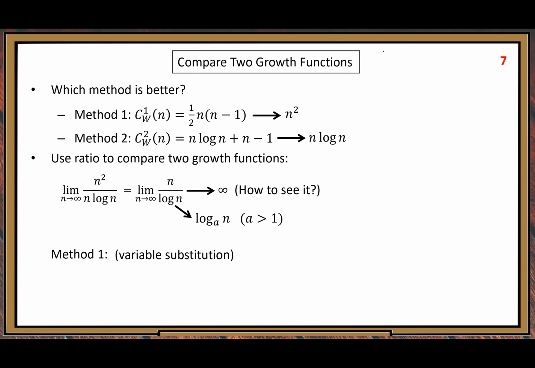Method 1, variable substitution. Usually we're not familiar with log, and most of our students feel it's hard to handle log functions. If it's hard, can we use a new variable to substitute the old log function?